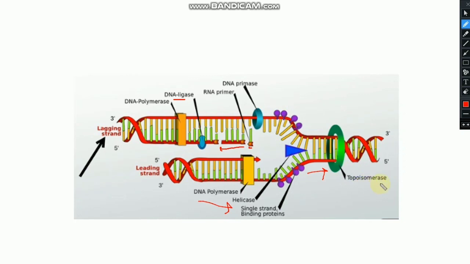This topoisomerase relaxes the supercoils formed in the DNA by cutting one or two strands, and helps DNA polymerase synthesize new strands smoothly. So this is the main function of the topoisomerase. So this is all about the elongation process.